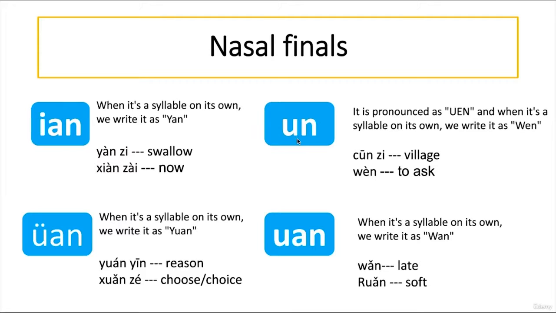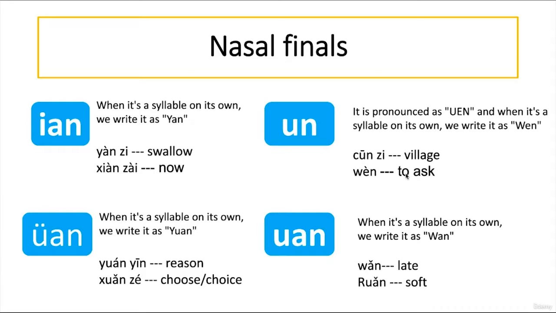Number 6, wen. Remember, it is pronounced as wen, not yun, okay? When it's on its own, we write it as wen. For example, 村子 means village. 问 means to ask.